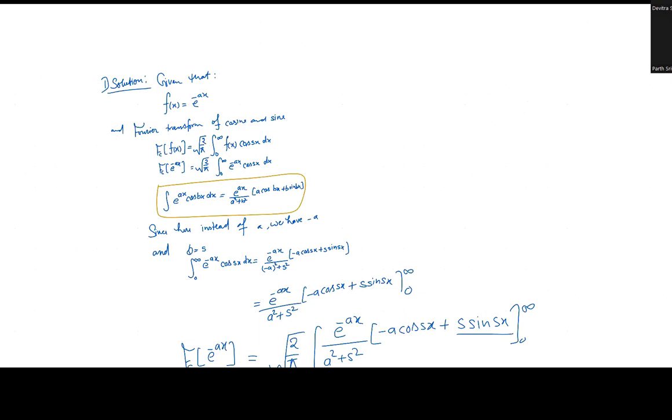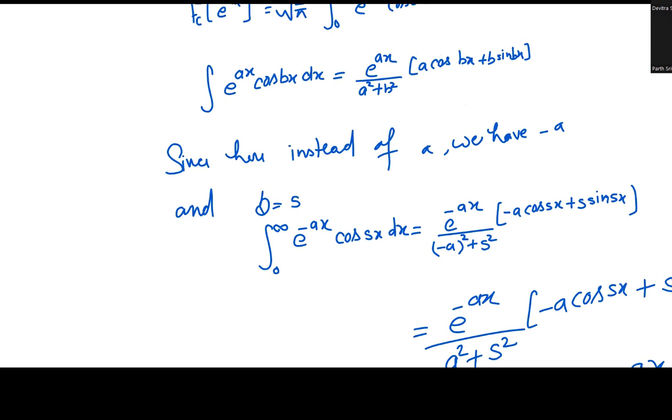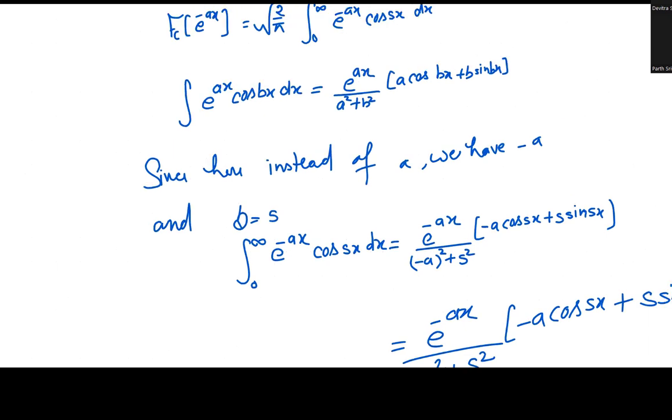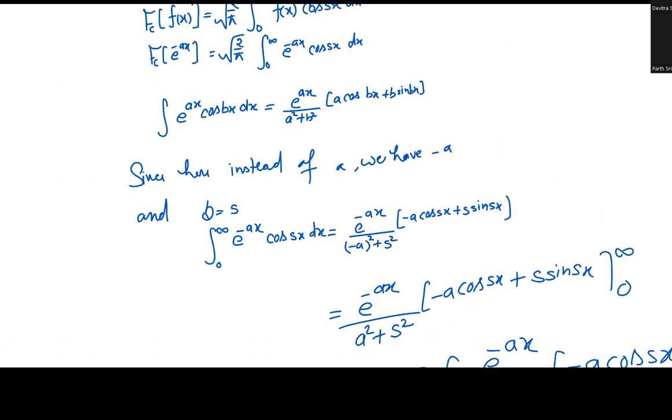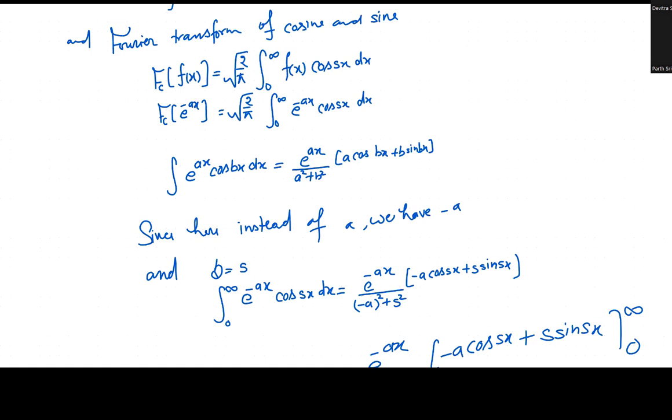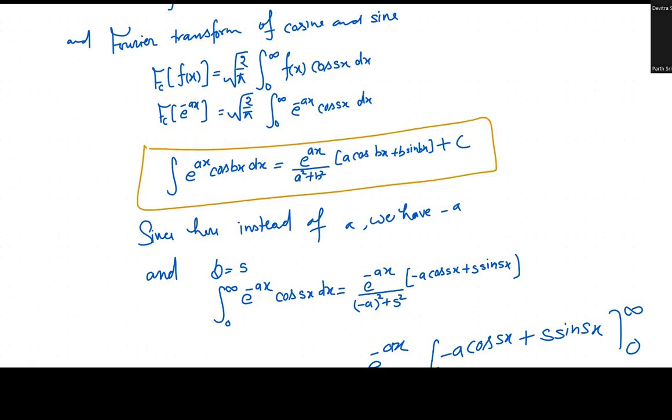Here I didn't add C because we have written it with limits earlier. Remember that constant is for indefinite integration. We have it in the formula, but since we are doing it for definite, that is why we didn't add it. Okay, I have sent you the formula.